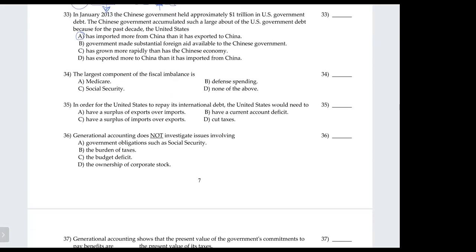So this is the basic facts about the US economy. Again, we have shown a figure or pie chart explaining what the major government outlays in the United States are. So the answer for 34 is A, Medicare. What is Medicare? Medicare is the government-run health care program for elderly and disabled individuals, right?